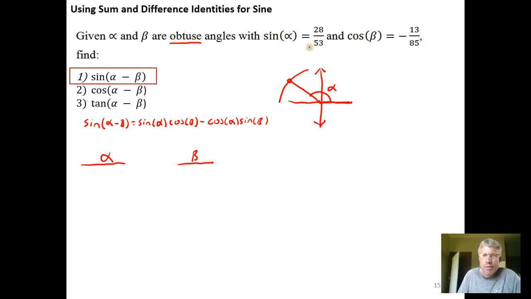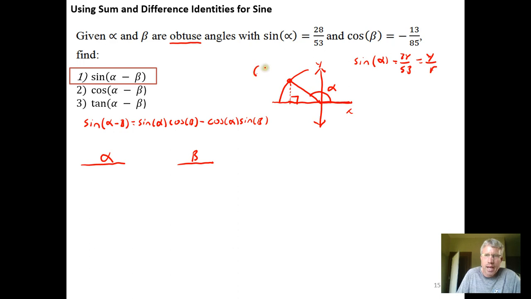And we're told that the sine of alpha is 28 over 53, but we know that the sine function is defined in the xy plane to be the ratio y over r, where r is just the radius of the circle or the hypotenuse of this right triangle. So what we're given is that y is 28 and r is 53.